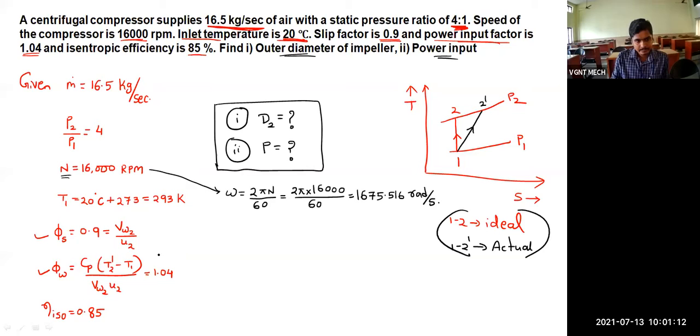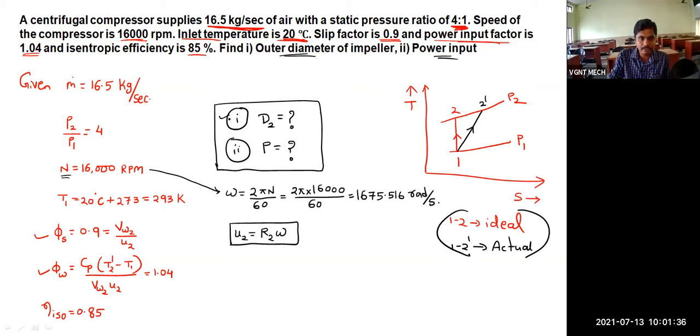Again, here, what else can we calculate? Can I calculate VW2 and U2? U2 I cannot calculate, because what is the formula of U2? U2 equal to R2 into omega. Omega value we have got. But what about R2? R2 value we don't know, it is not given.